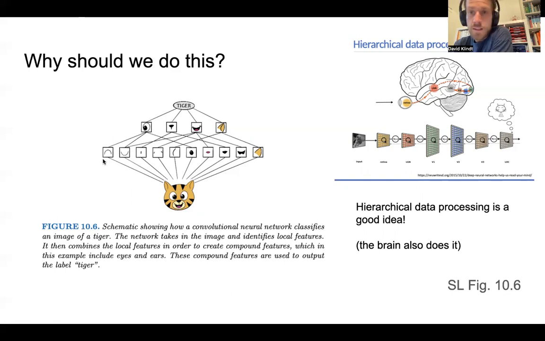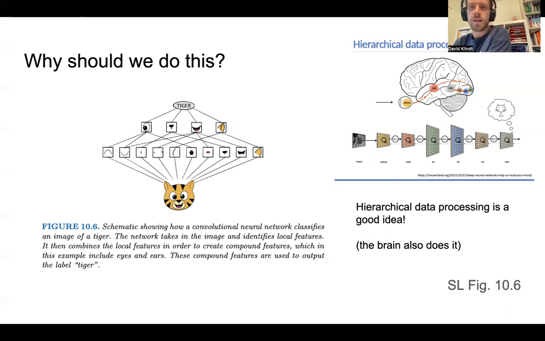And these low-level features can be combined in a hierarchical way into high-level features, like this upward curve going into the eye, it's also going into the mouth. And then those high-level features, there's a mouth, there's an eye, there are ears, can be combined into something even higher, like the concept of a tiger, independent of whether the mouth was a little shifted in one image or the other, or maybe even occluded.